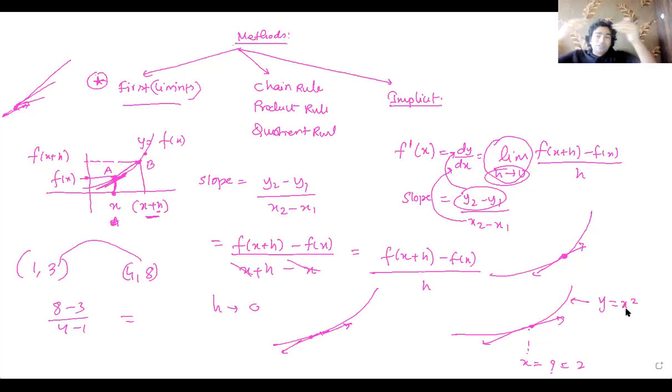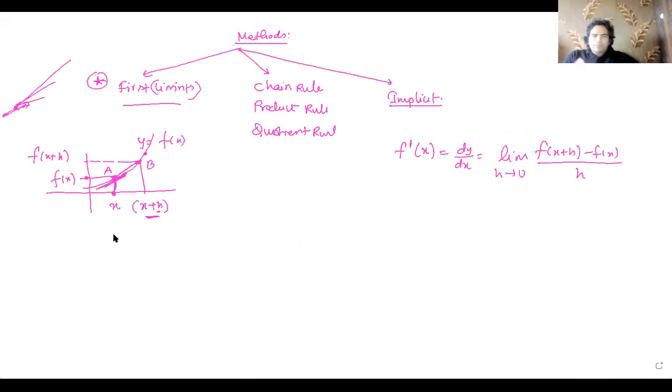I can predict the exact slope at x equals 2. That's the beauty of this formula. We'll not be using it for a long period of time, but let's get started with the use of the first principle formula for a particular curve.